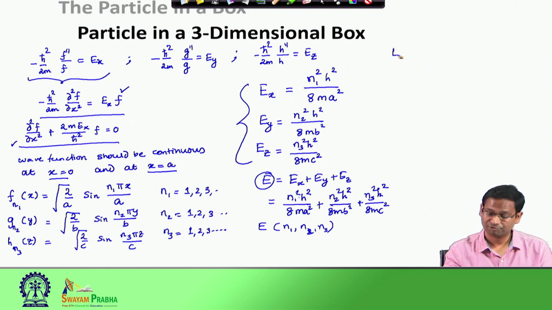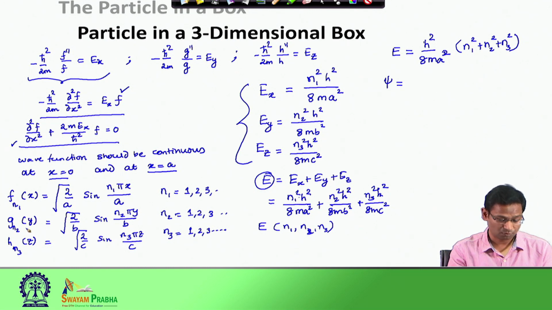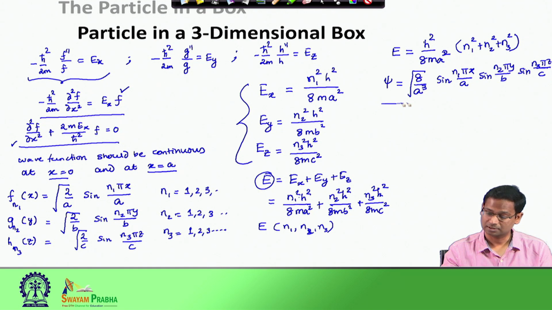So, therefore, the energy for a particle in a three dimensional box with all sides equal would become this, and the final wave function psi would be the product of f, g and h, which will simply be this wave function.